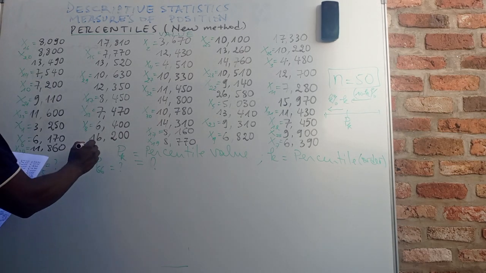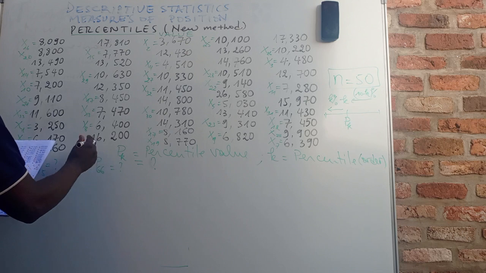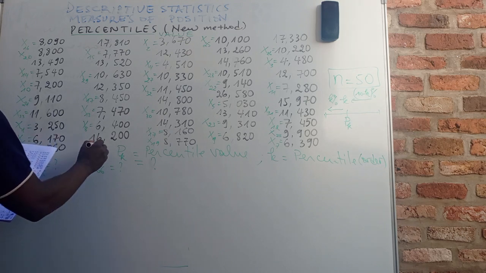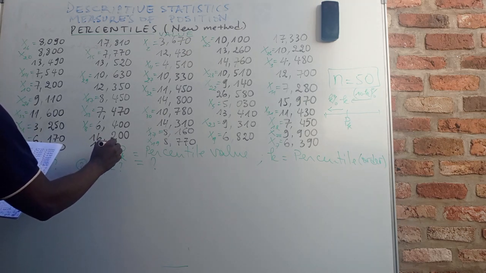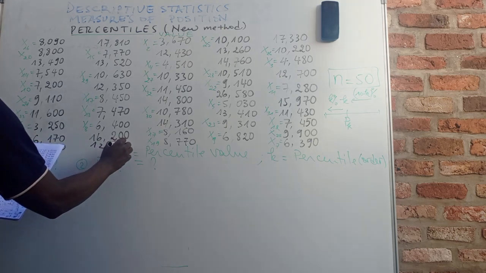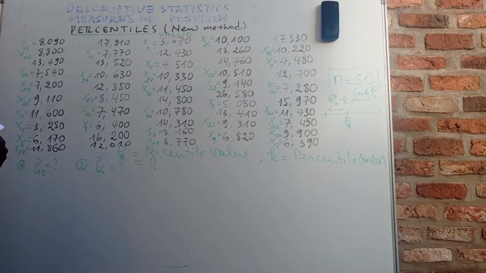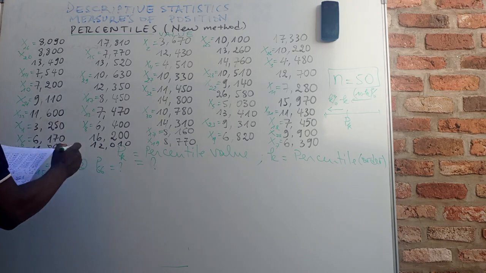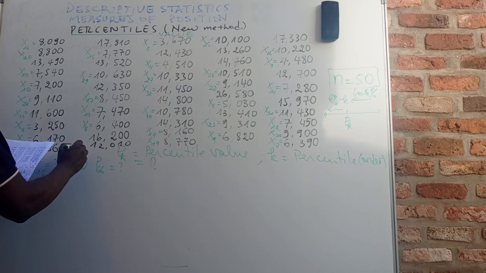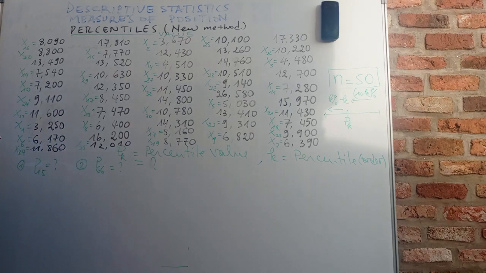I'm going to add it here. 1, 2, 0, 1, 0. Okay. Let me add it, and if I do, it was ranked x sub 35. Okay.